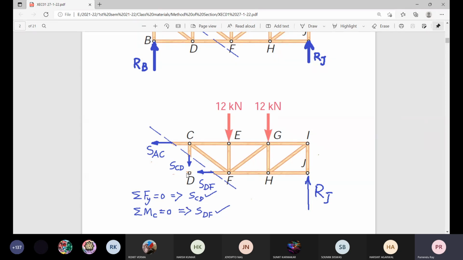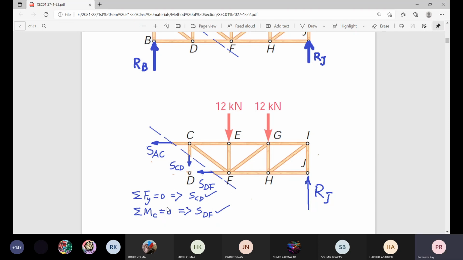So SCD will be RJ minus 12. RJ, as we calculated, is 15. So 15 minus 24, that is minus 9. So this will be a member force of minus 9 kilonewton, that is opposite to the direction we assumed. So it will be compressive with magnitude 9 kilonewton.